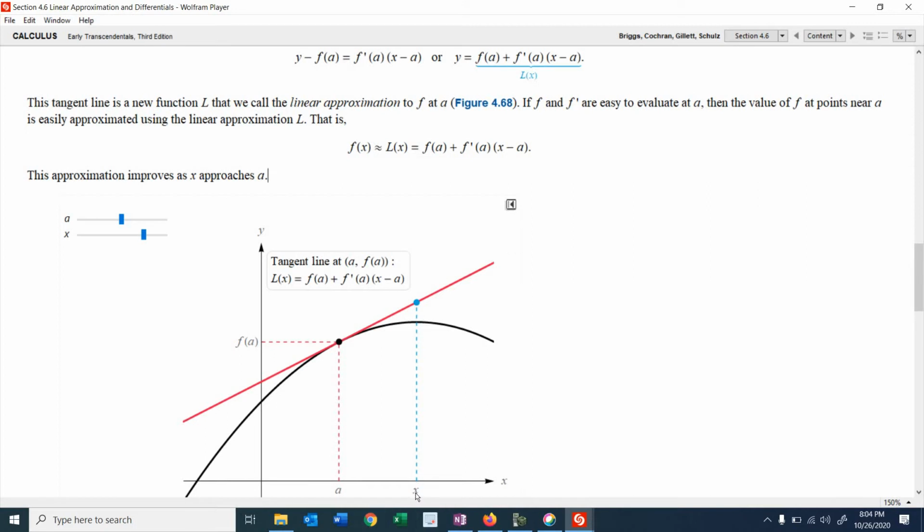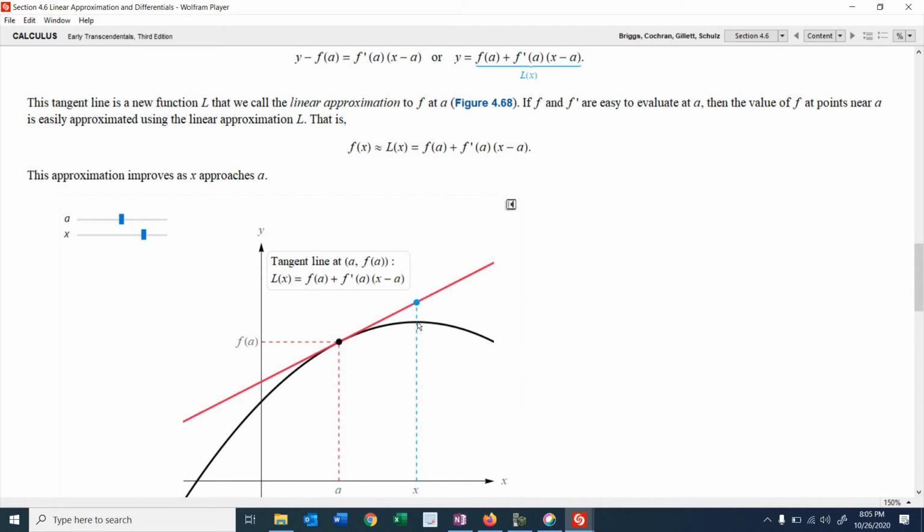So for any particular point close to a, called x, we can plug it into this formula. That'll give us the y value on the tangent line at this particular point x, right? And we're calling that y value L of x. So that's L of x right there.